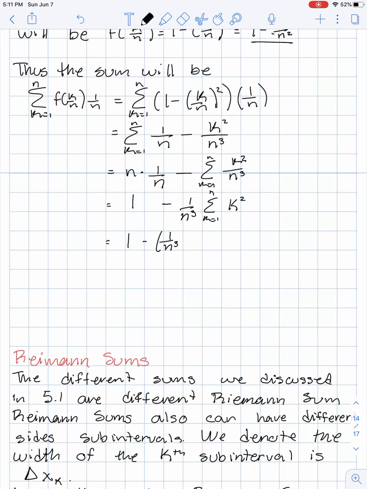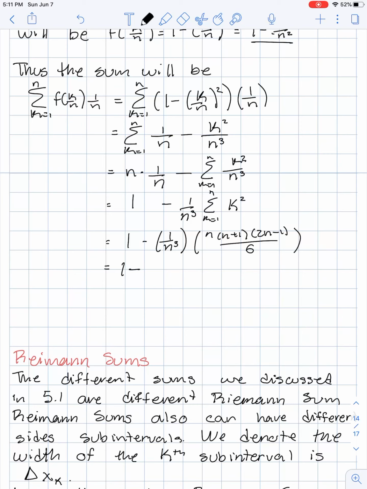1 over n cubed times n plus 1, 2n plus 1 over 6. And now I'm going to simplify and distribute that n cubed to the bottom, so basically expanding the numerator.